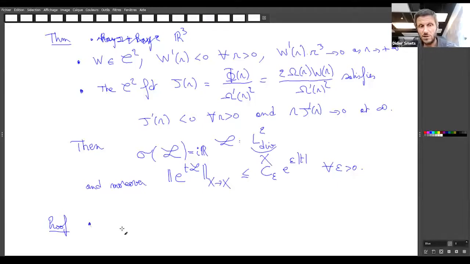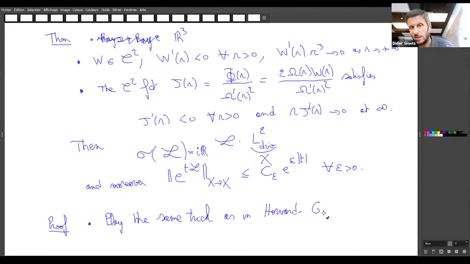Well, the first part is you play exactly the same trick as in Howard-Gupta, which means here we can do Fourier as well, but the Fourier has to be different.